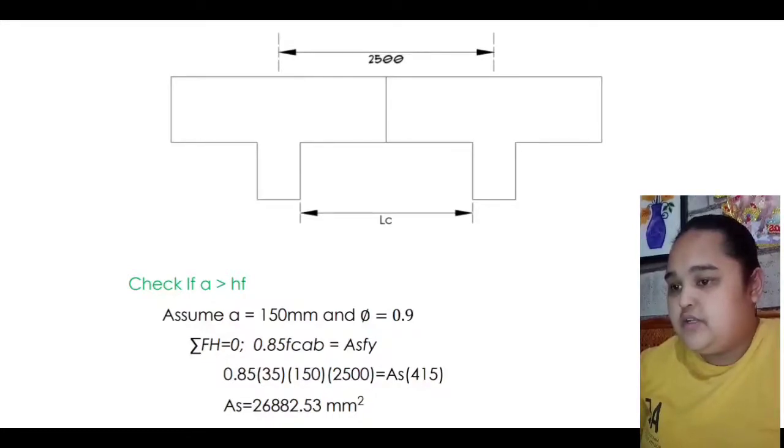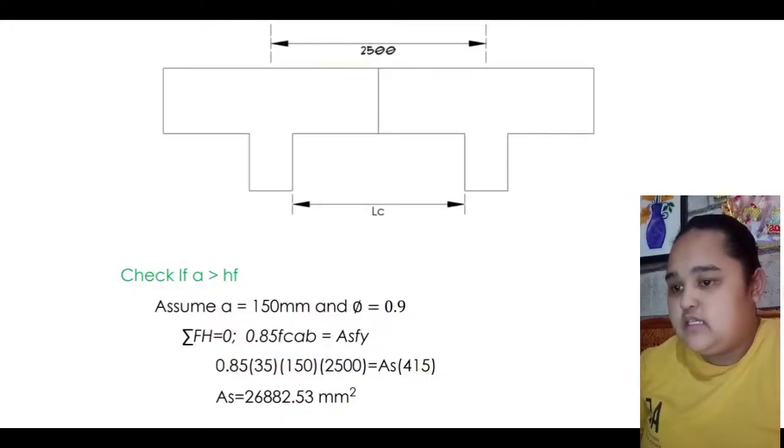Then 0.85 FC prime AB is equal to AS times FY. 0.85 times 35 times 150 times 2,500 is equal to AS times 415. AS is equal to 26,882.53 millimeters squared.